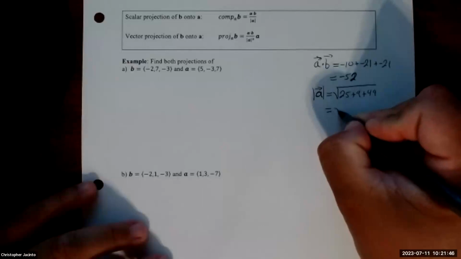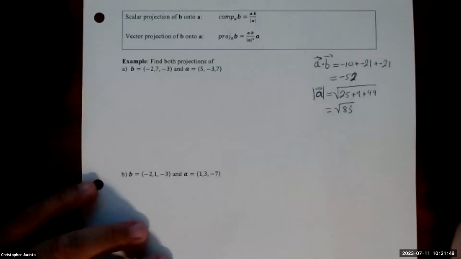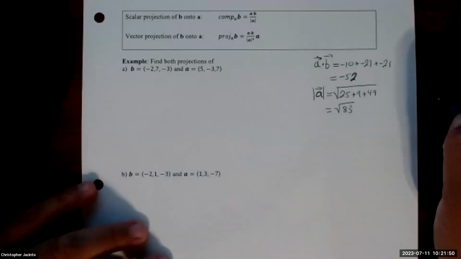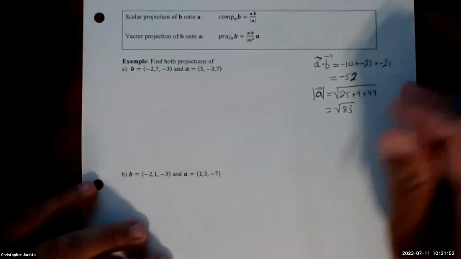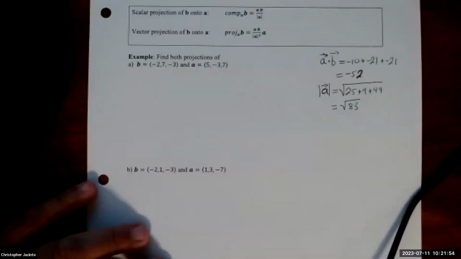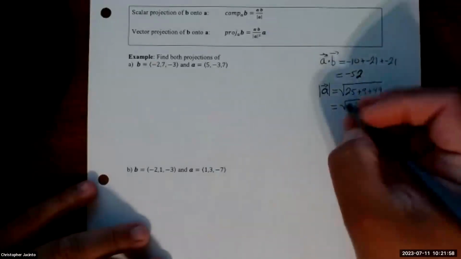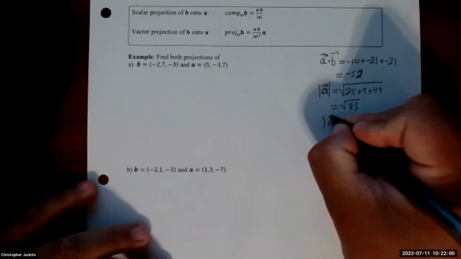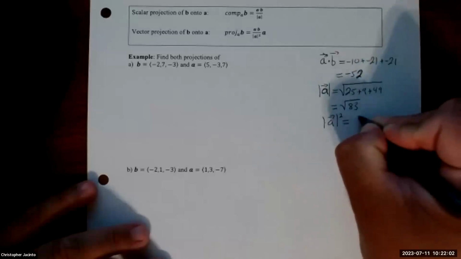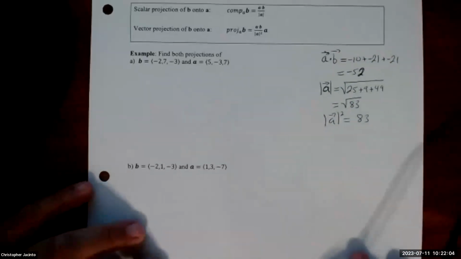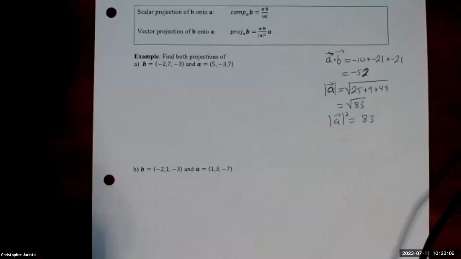You guys can tell me if my math's wrong. Is it 83? I think that's 83. We'll just assume it's 83. And since we want the projection, the length squared is going to be 83 as it is.